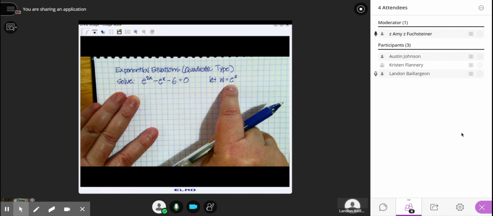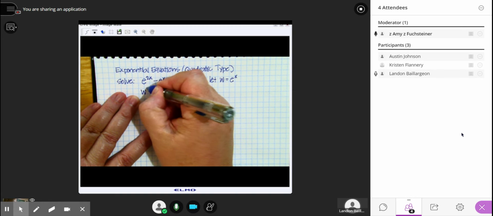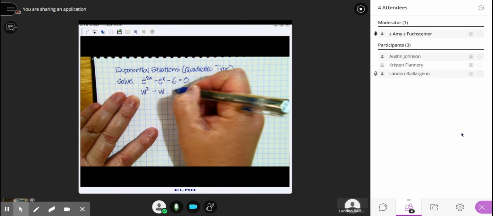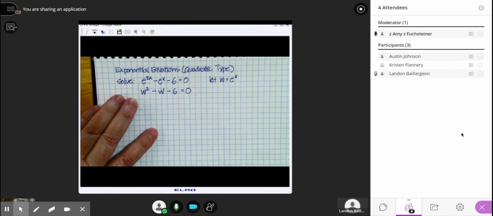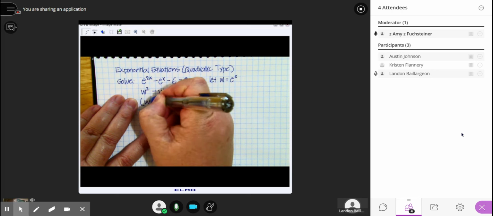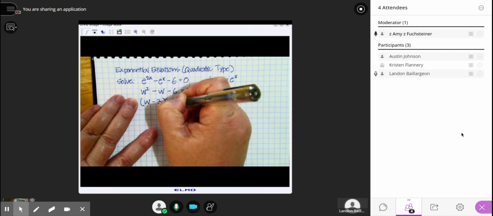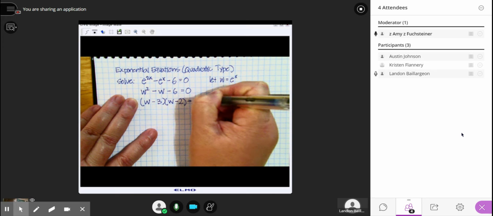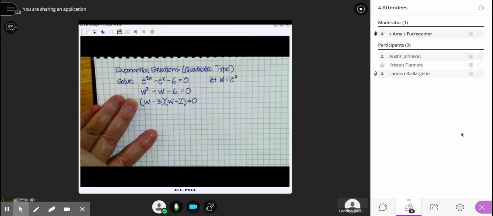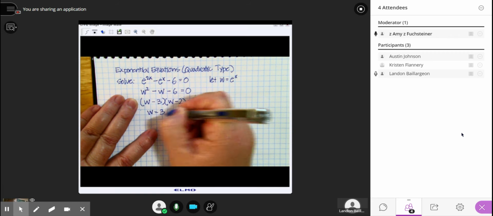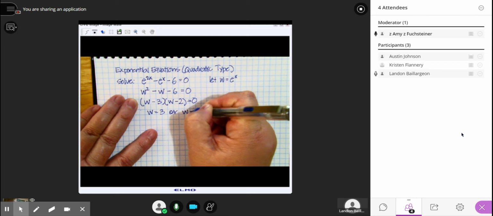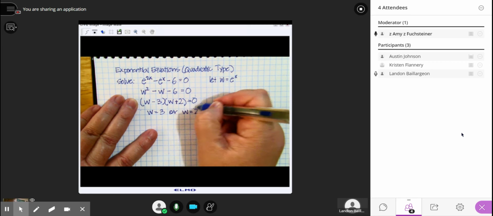If we make a w substitution, then what we have here is w squared minus w minus 6 is equal to 0. Then this guy factors. And we have that w has to equal 3 or w has to equal negative 2.